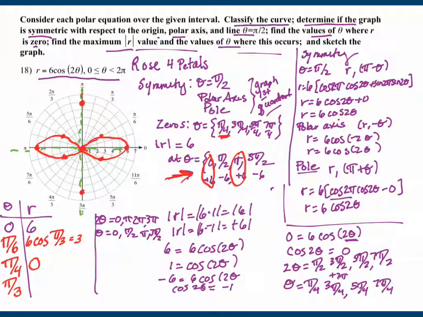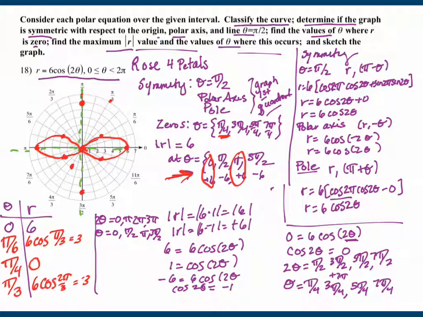This, again, didn't need my calculator. Love it. So this would be 6 times cosine of 2 pi over 3, which is -3. So at pi over 3, here's pi over 3 up here, I go -3, which is right here. And that's going to give me 4 more points.